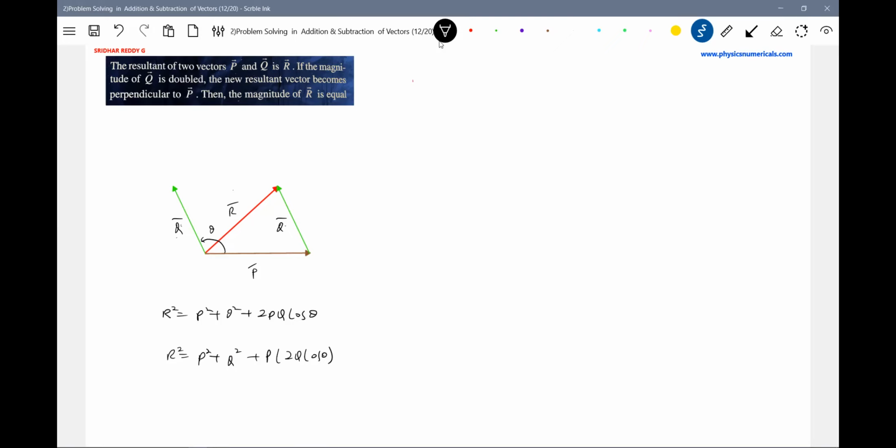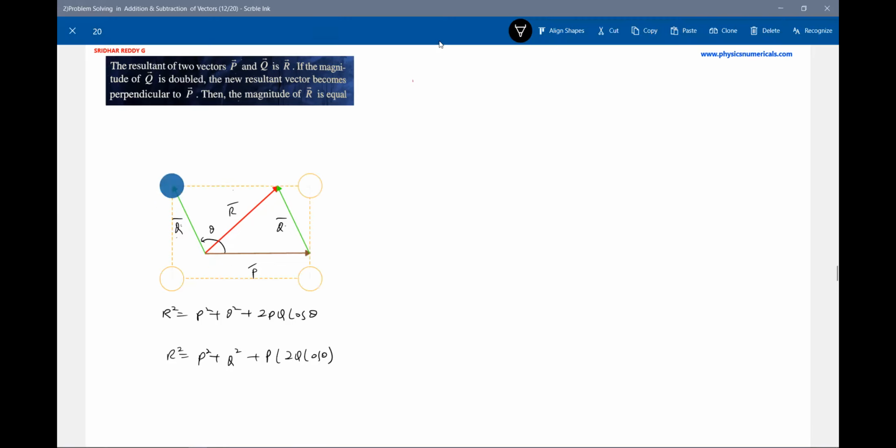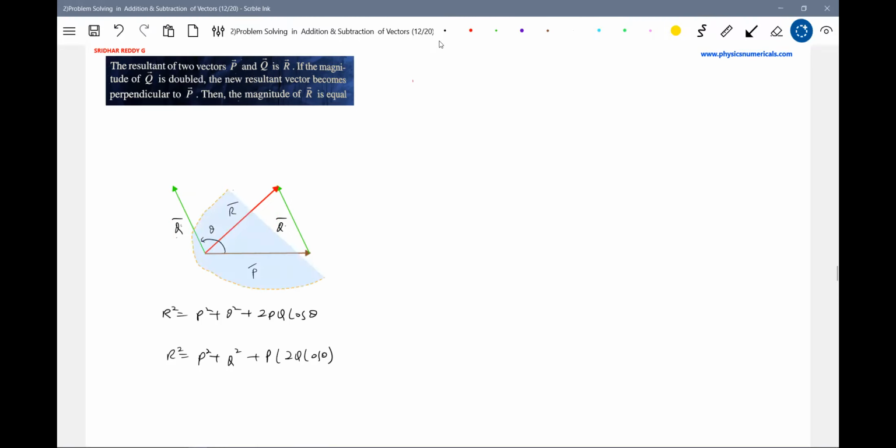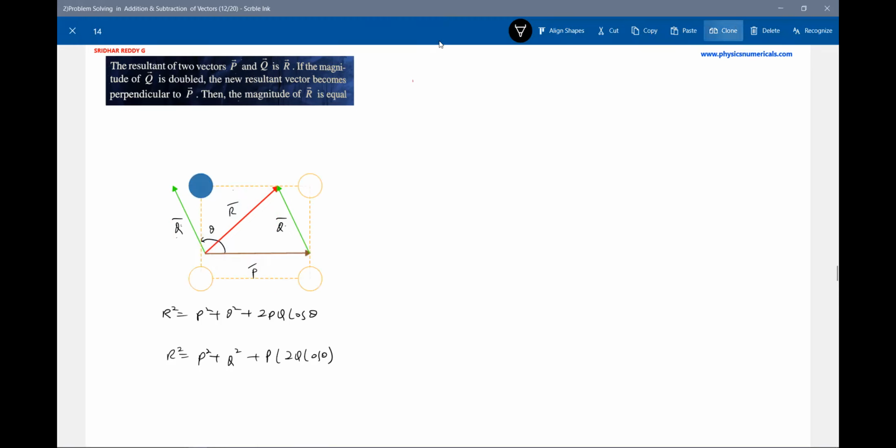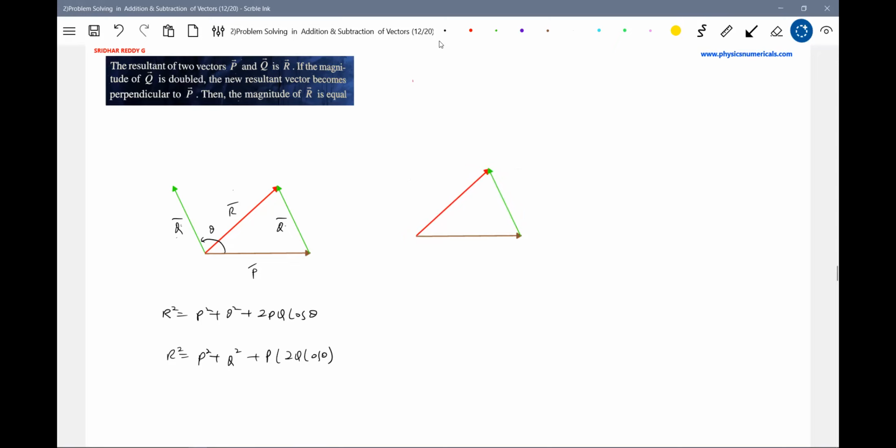Further, let me solve it. I'm going to increase the magnitude, so I'll increase the Q. This is the vector P bar. This was Q bar.